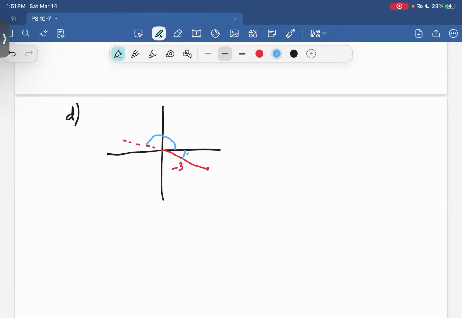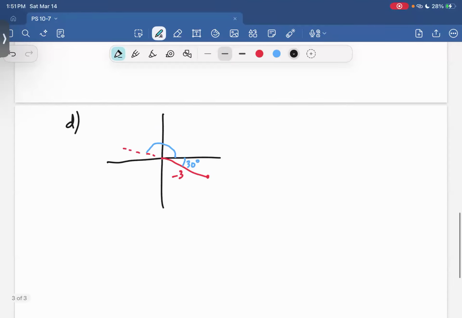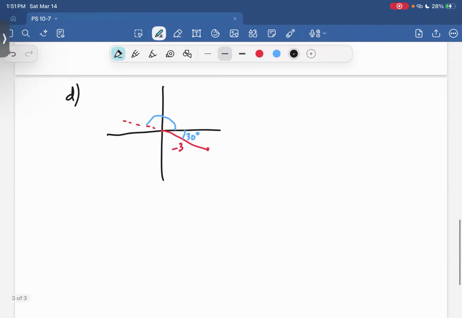And then this makes a 30-degree angle, right? So that means that the coordinates are going to be negative 3 root 3 over 2. Never mind, sorry. It's a positive x coordinate, right? So 3 root 3 over 2, comma, negative 3 half.